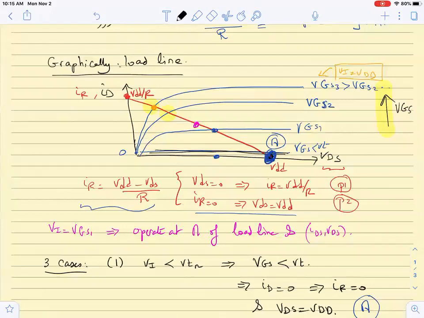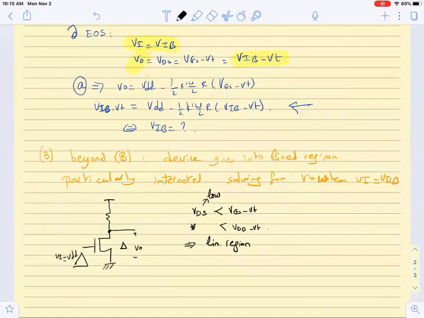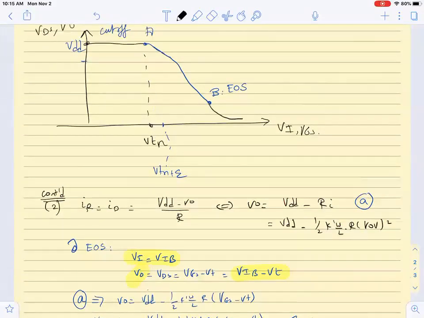And as we saw graphically, as VGS is increasing, the solution is moving to the right, and this is point C, and the output at point C is very small. The output at point C is very small, therefore we can make sure that we are operating in the linear region. So it keeps going down, and when Vn is VDD at this point C here, the output is going to be very small.